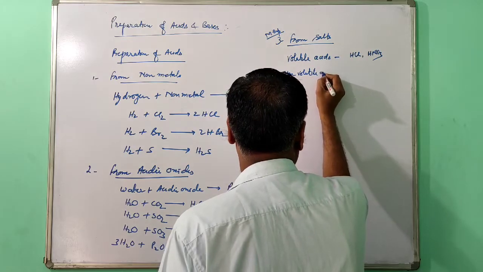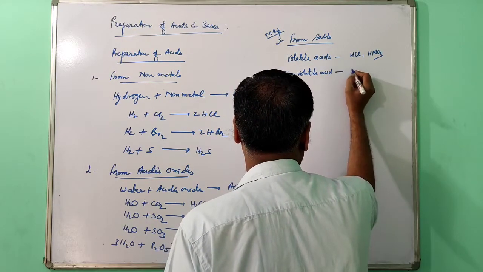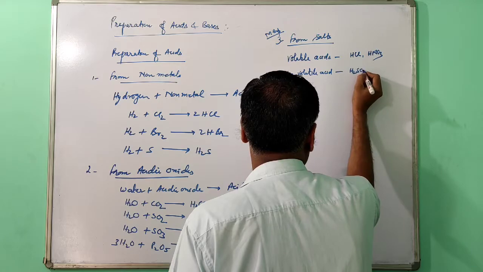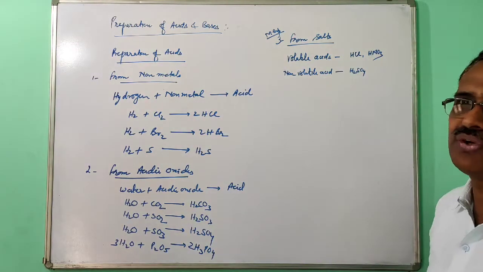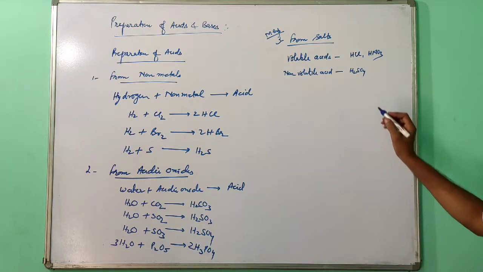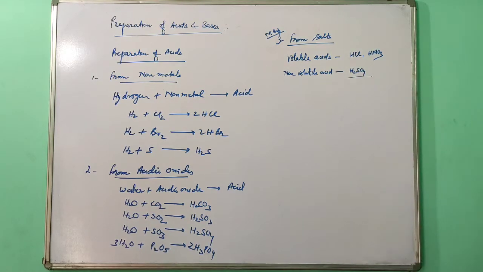Non-volatile acids are H2SO4 and H3PO4, but we take H2SO4. Apart from H2SO4 and H3PO4, the rest of the acids are volatile.